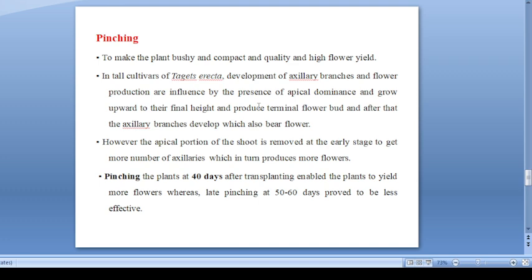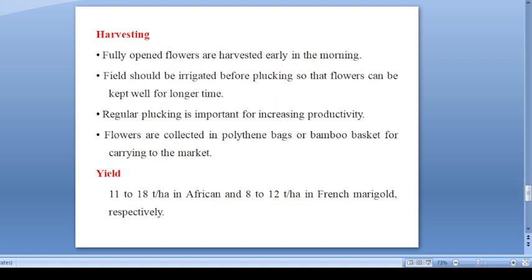It will enhance the axillary buds as well as branch production, which helps in enhancing the yield. Normally 40 days after planting we can go for pinching, and it can also be done after 60 days.